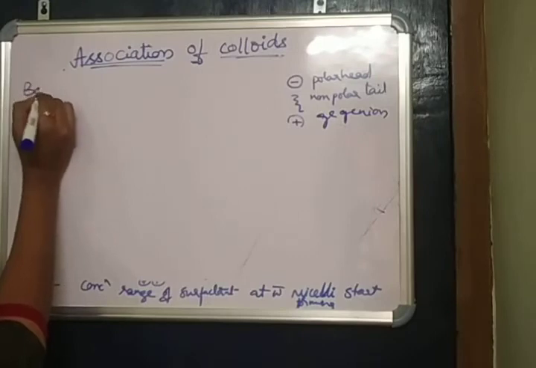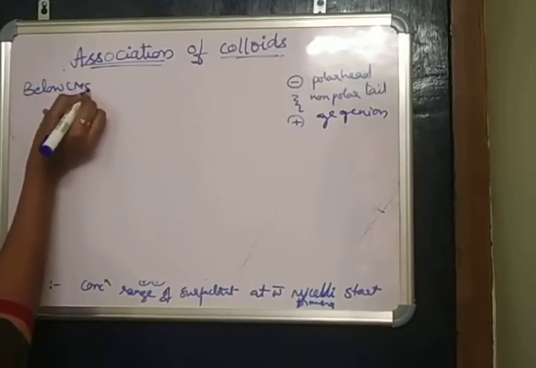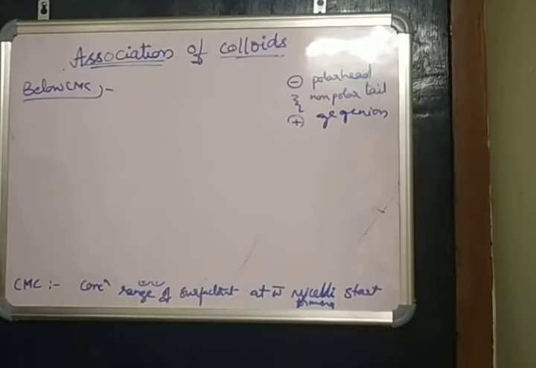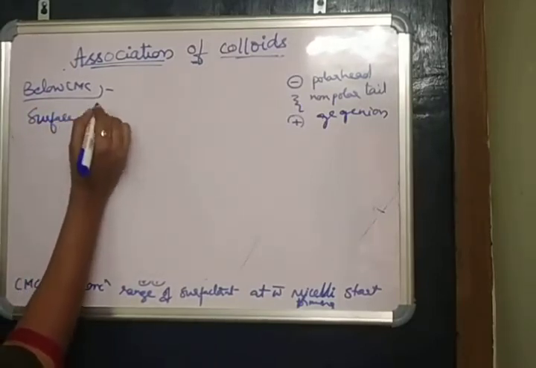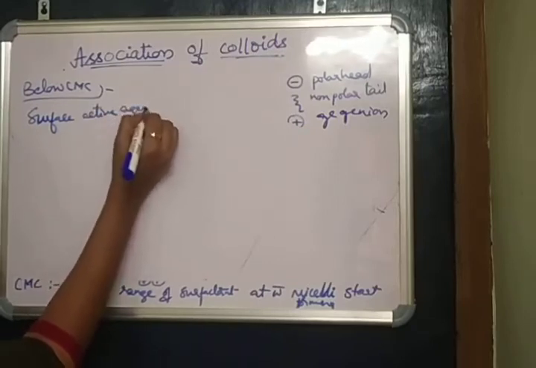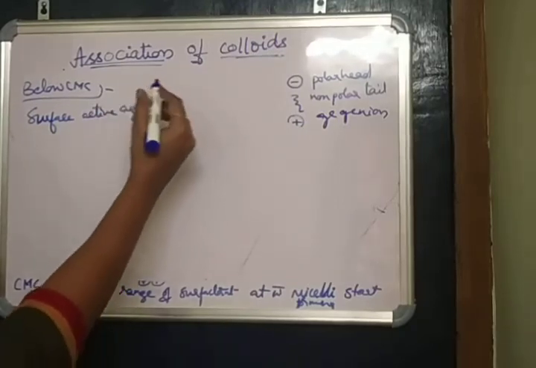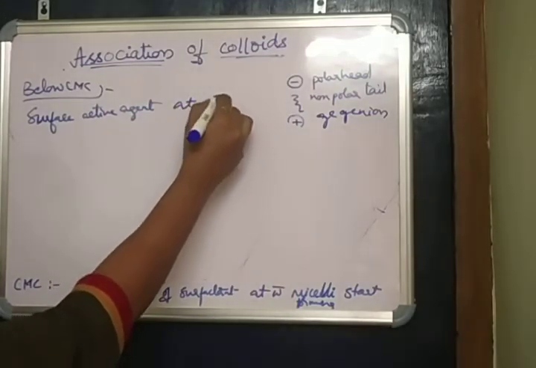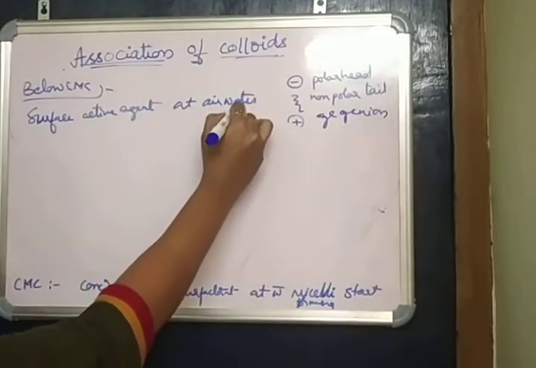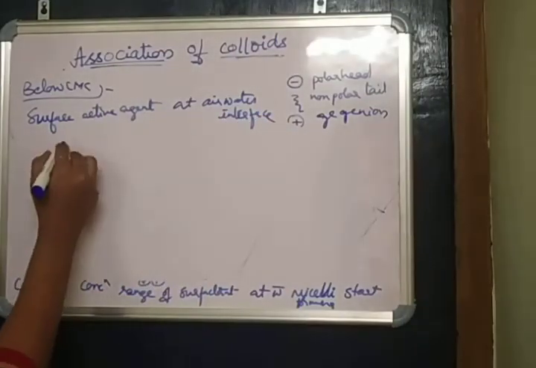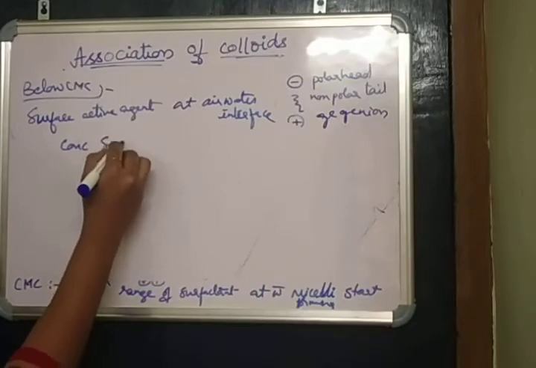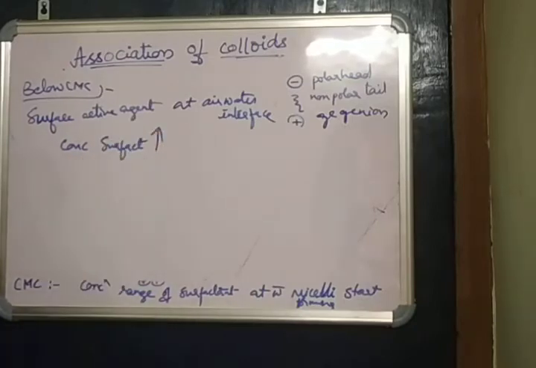Below the CMC, these surface active agents are at the air-water interface. As the concentration of surfactant increases, these molecules get accumulated at the interface.